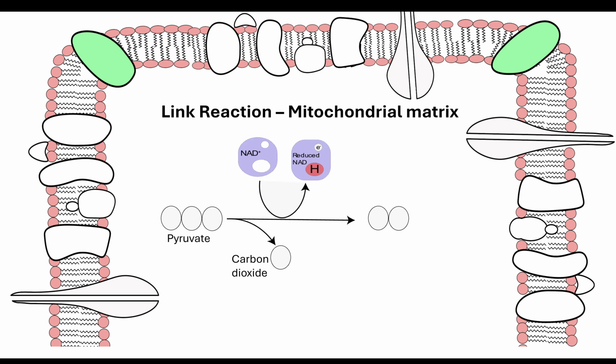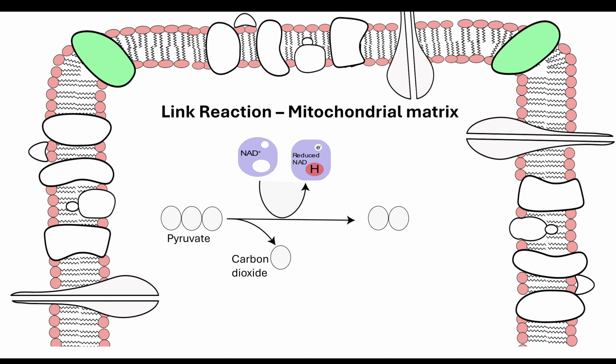We now have a coenzyme, NAD. We met that in glycolysis. Well, this is also going to be needed within the link reaction. This coenzyme, NAD, is going to come along and accept hydrogen ions. If it accepts the hydrogen ions and electrons, it is now becoming reduced NAD.